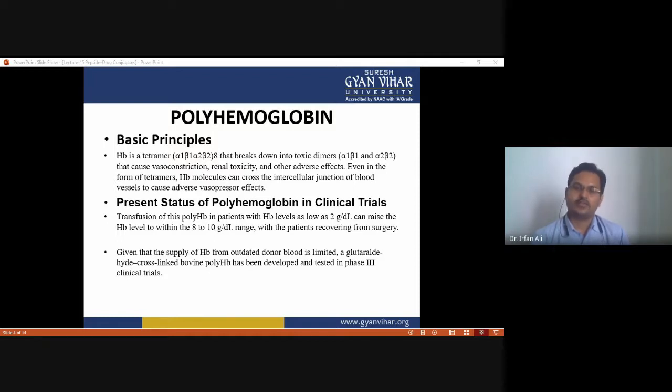By the use of these agents, the polyhemoglobin is prepared. The glutaraldehyde method was developed independently by the researchers for the development of a hemoglobin-based oxygen carrier for clinical trials.